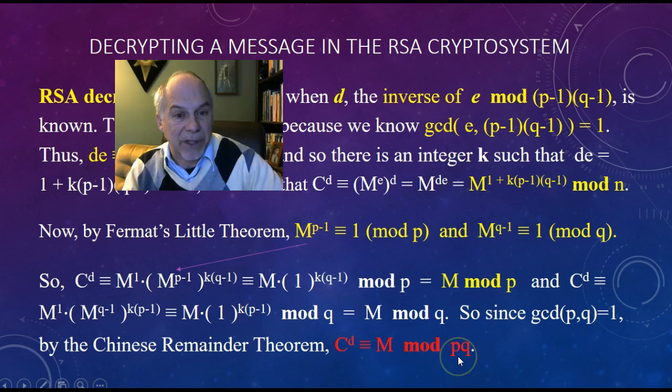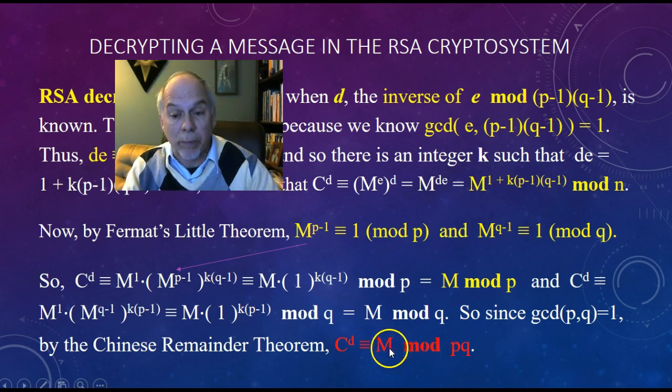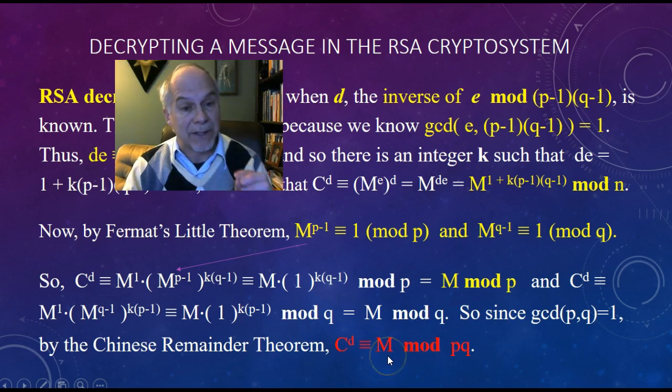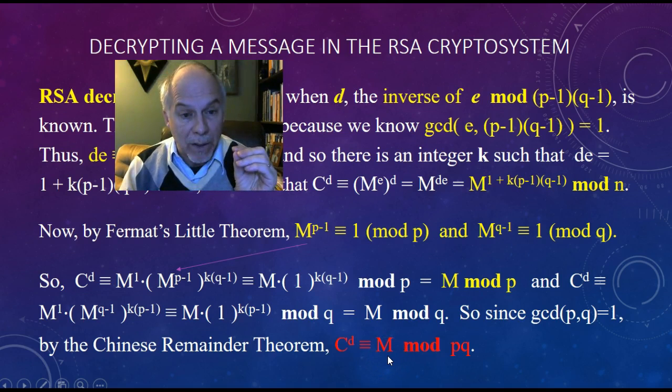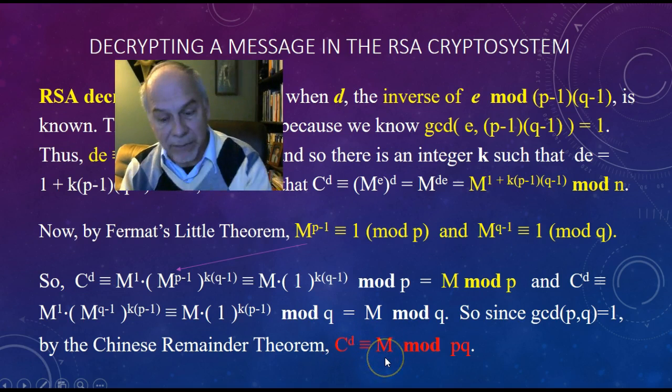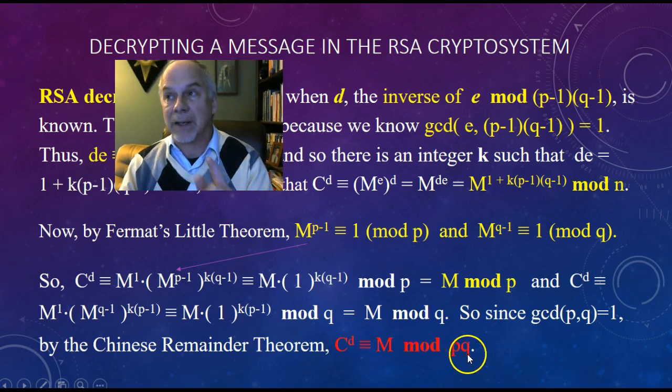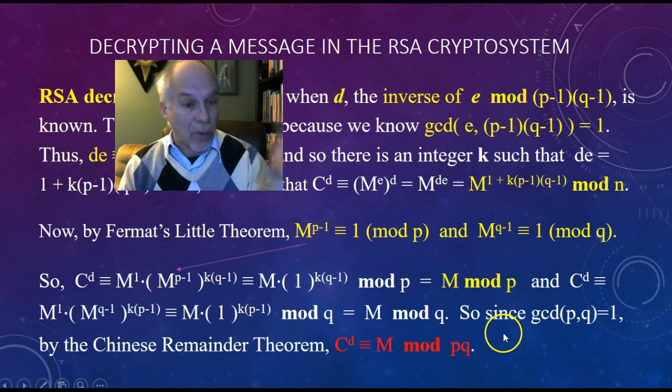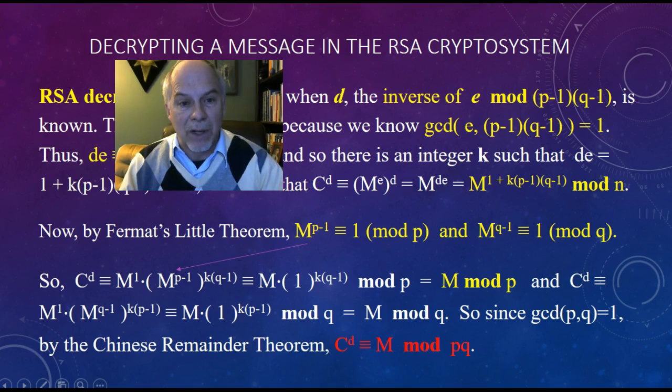And what is p times q? It's n. Okay, so we're back to the plain text message m. All right, we started with c and we decrypted it and got it back to the plain text message m in mod n. And so that's how the RSA encryption and cryptosystem will decrypt the message, okay?